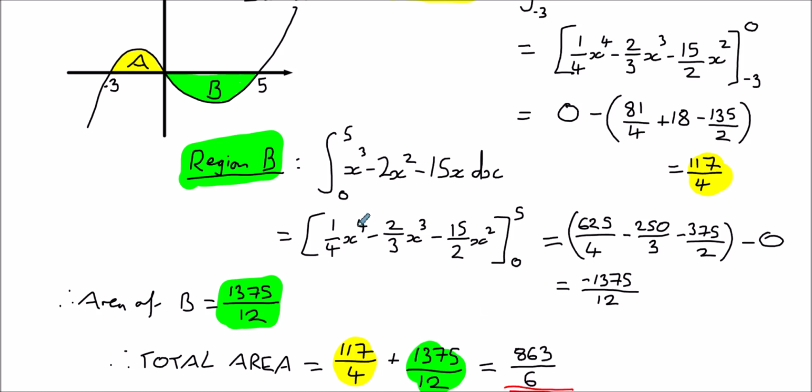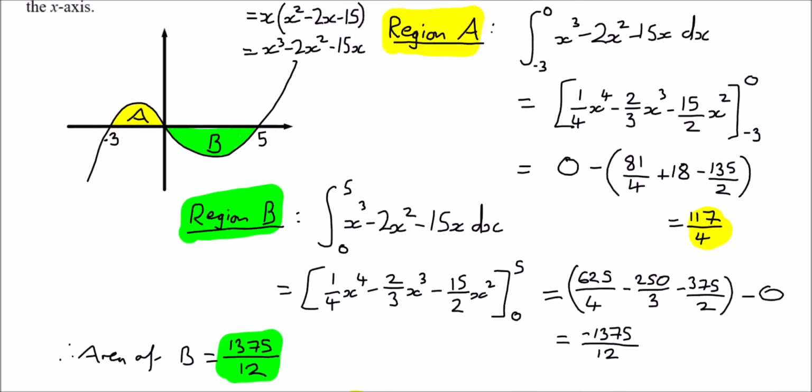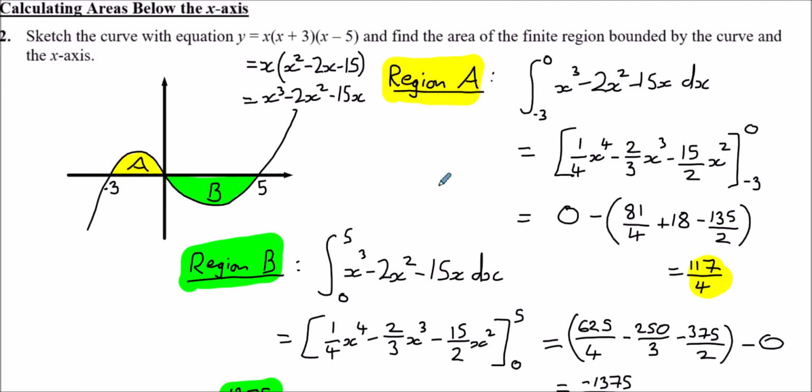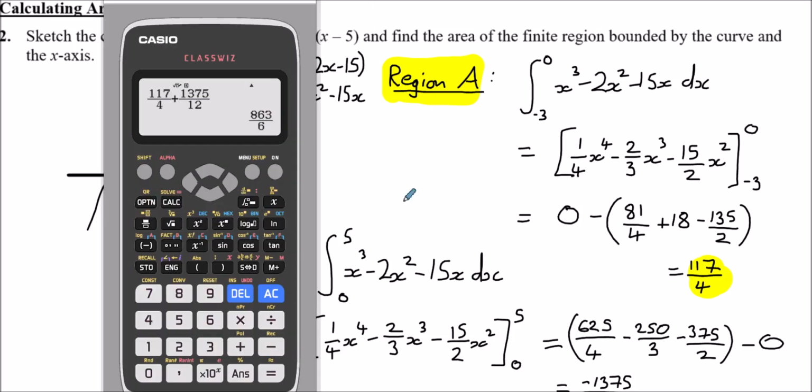Now on a Class Wiz, what I'll suggest is type the function as it appears, just to avoid making an arithmetic error. So put the function in like it looks here into your Class Wiz. Press the integral button.